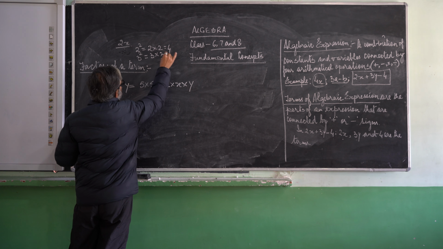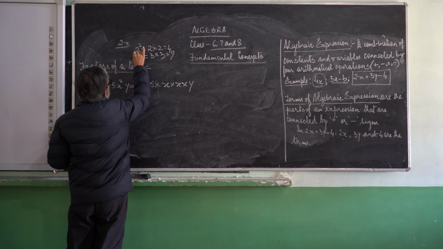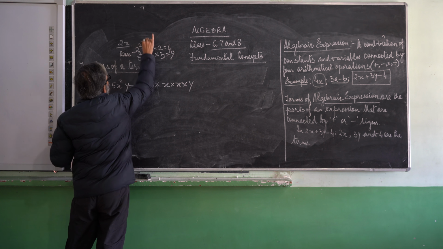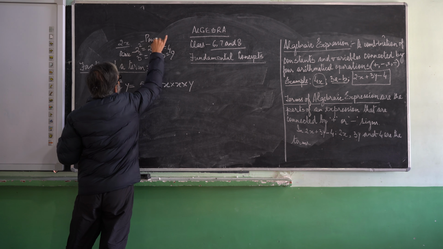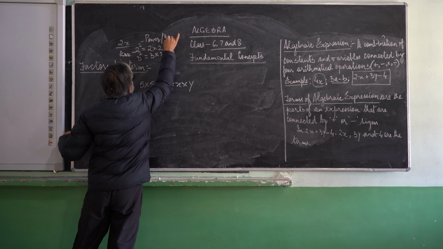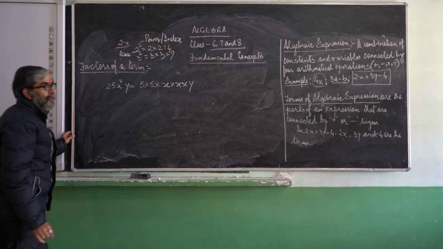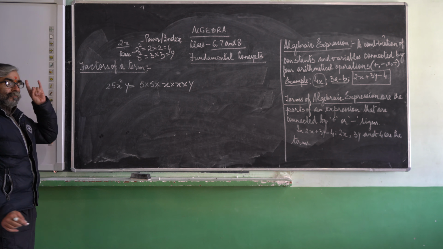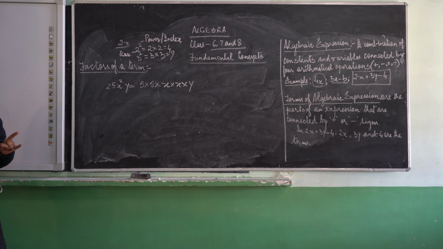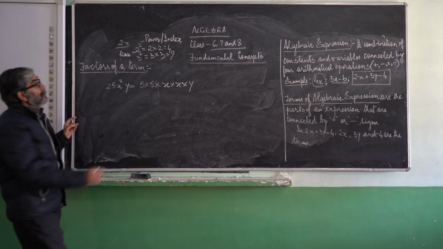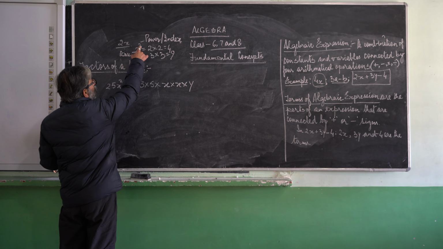So in this case, this is known as the base and this is known as the power or index or exponent. So if a base is raised to a power, that base is multiplied by itself that many times as the power is.